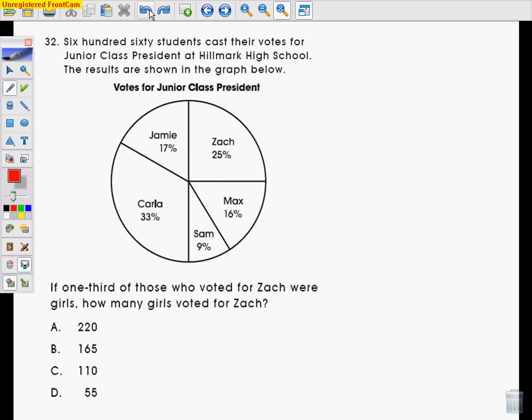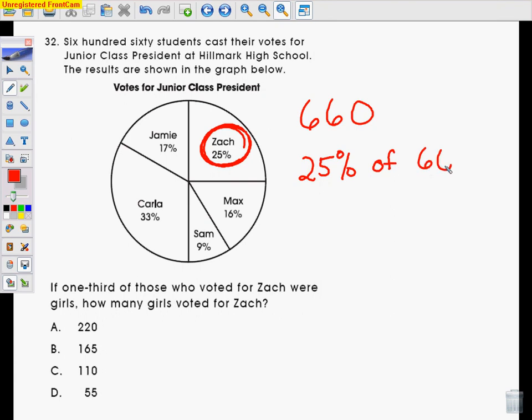Okay? So there was a total of 660 students. And we know that 25% of them voted for Zach. So how many students voted for Zach? Well, you need to find out what's 25% of 660 students.